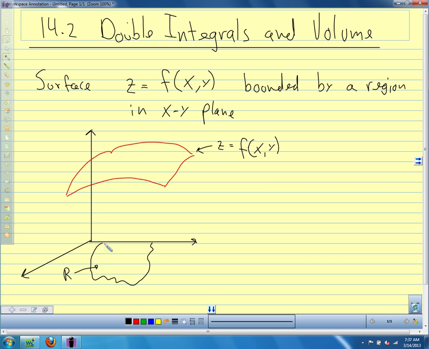And we want to find the volume bounded by this region that's underneath this surface. So what we're going to do is divide the region into small rectangles. So here's a little rectangle.